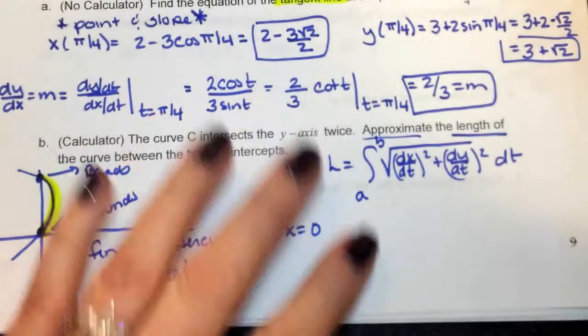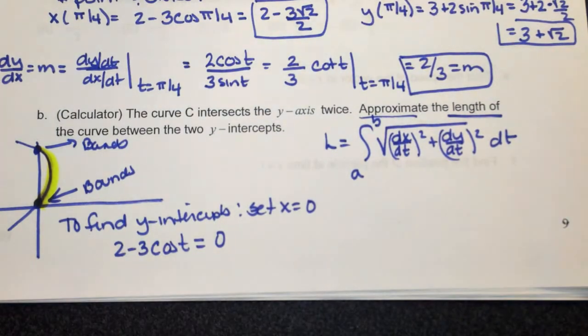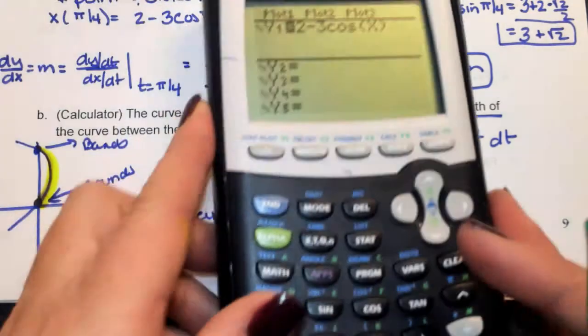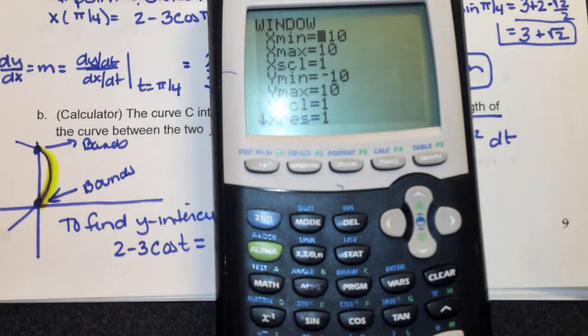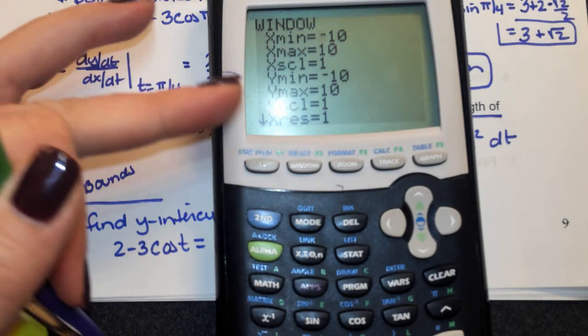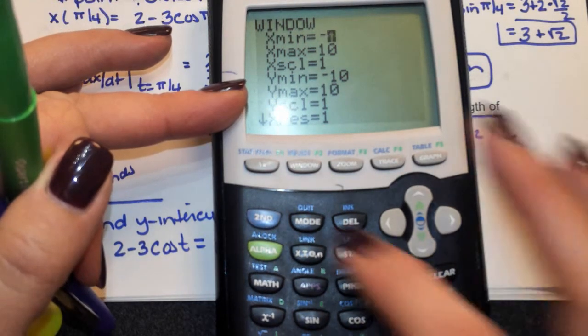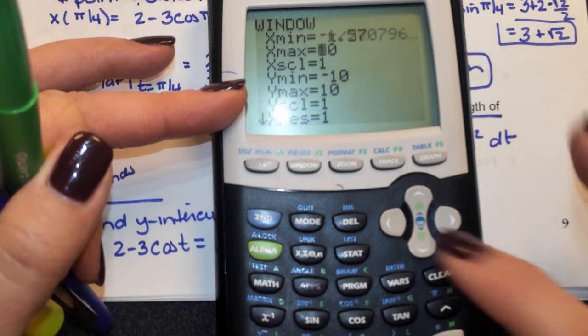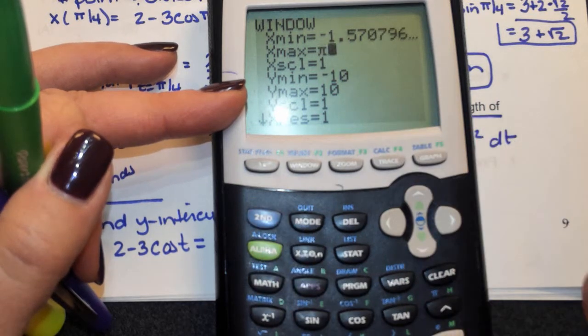Because when you're graphing these trig functions, you get a whole bunch of curvy lines, make life easy on yourself. Change your window settings. Remember, instead of using t, I'm using x. So change your x min to negative pi over 2 and your x max to pi over 2.